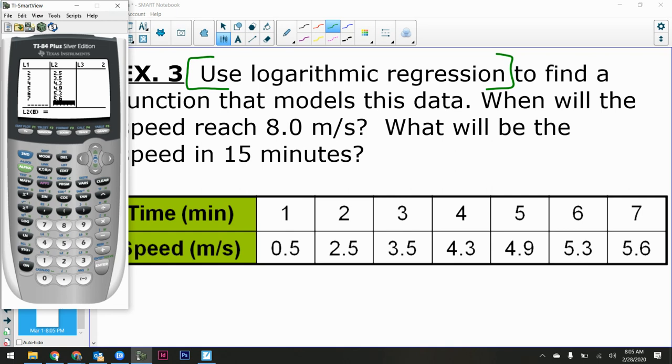I entered that really quickly. 2.5, 3.5, 4.5. Okay, that's pretty good. Okay, stat, calc, ln reg. Oops. Yeah, triple nine right there. That's a close one.